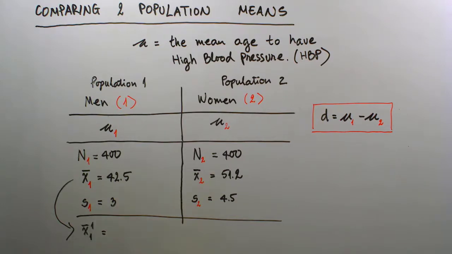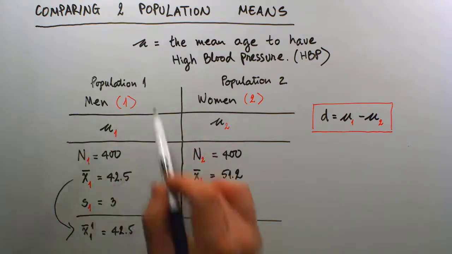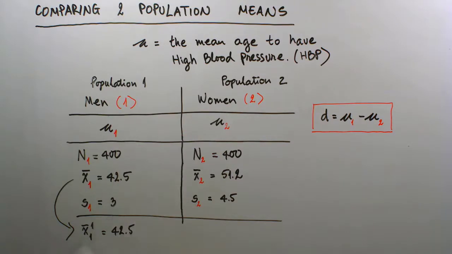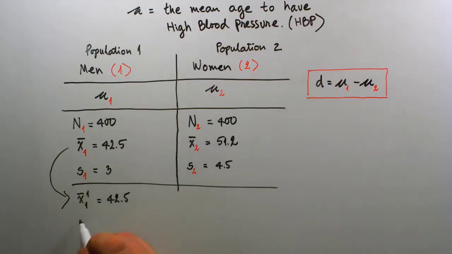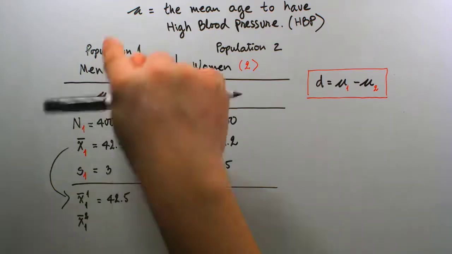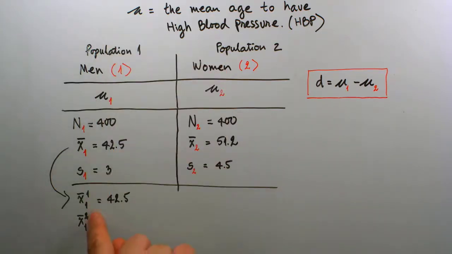So x bar 1, the first sample, could be the 42.5 that we've had here. And then after this one, recall from the idea of picking samples from a population, this is one population, so after this sample, we can pick another one. So there will surely exist an x bar 1 again, because these are all from population 1. If we are planning to pick multiple samples from one population, then we can start using superscripts to indicate that.